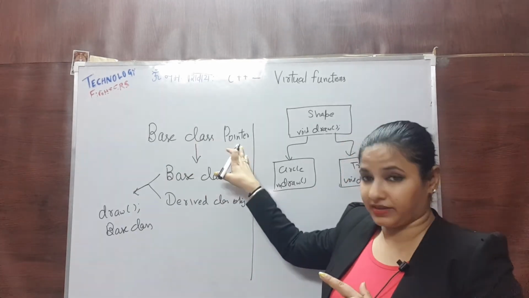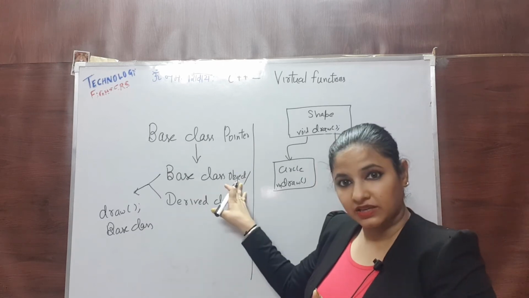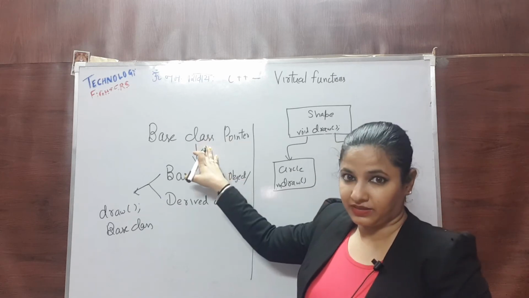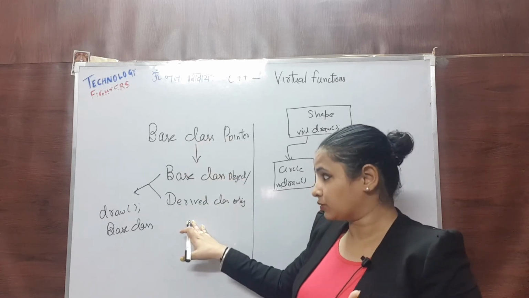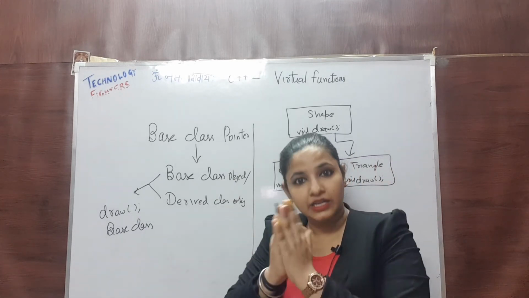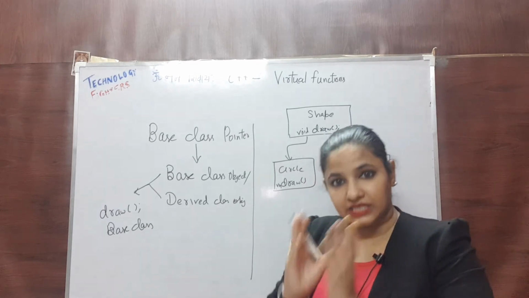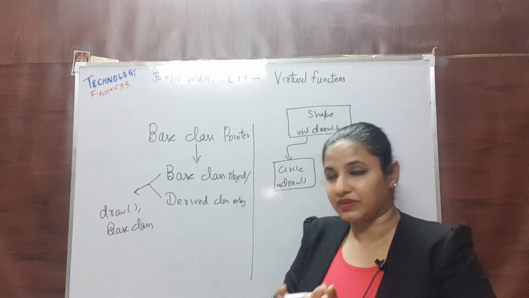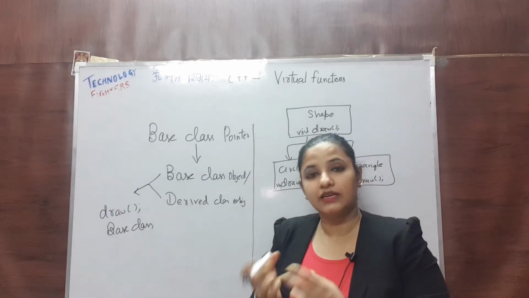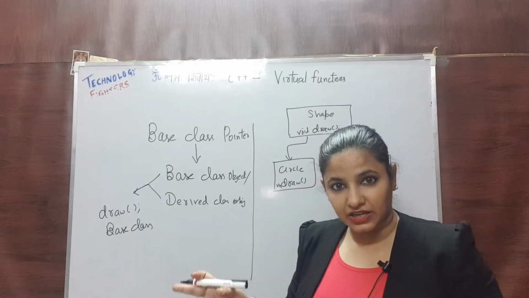This pointer was pointing to a base class object, and in the next section it was pointing to a derived class object. But in both cases C++ was executing the base class function.